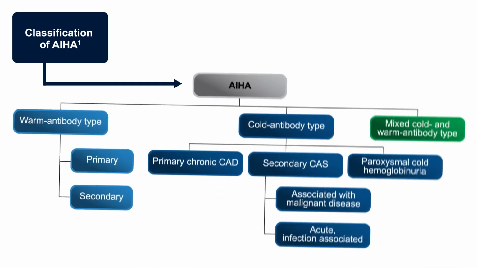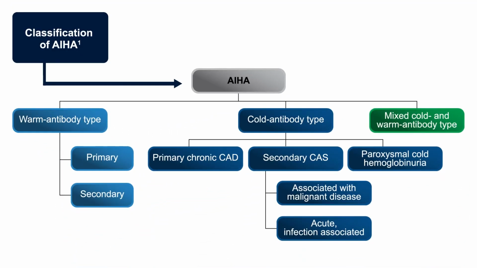Now I've got hemolysis. Do I think it's autoimmune? And in order to evaluate that, we're going to try to understand whether this is warm antibody type or cold antibody type or a mixed type. And the primary way that we are going to make that differentiation is through the direct antiglobulin test, right?